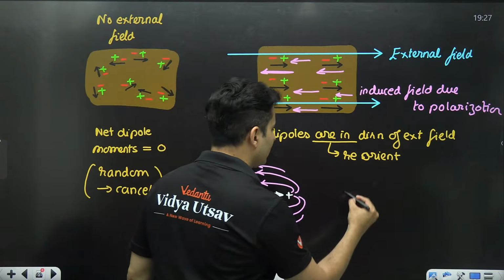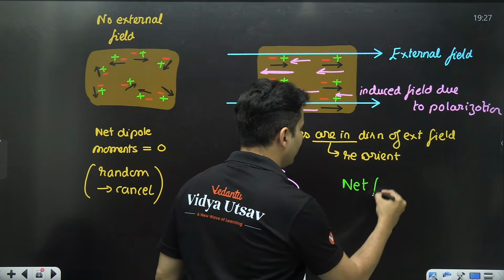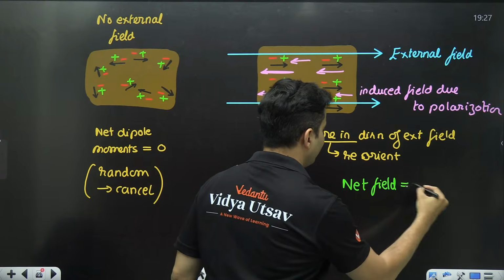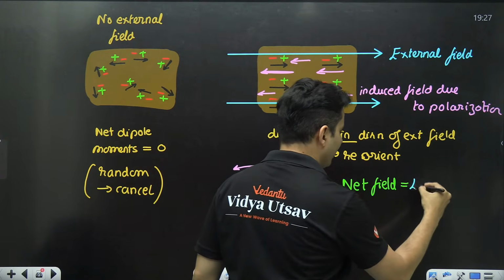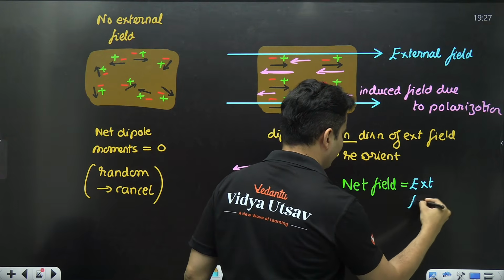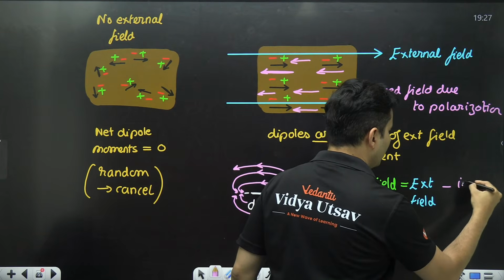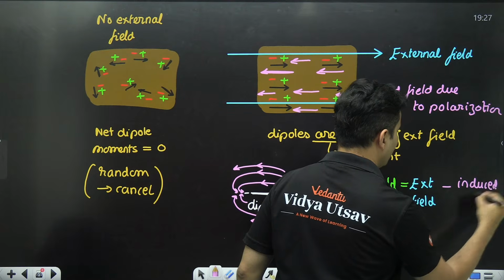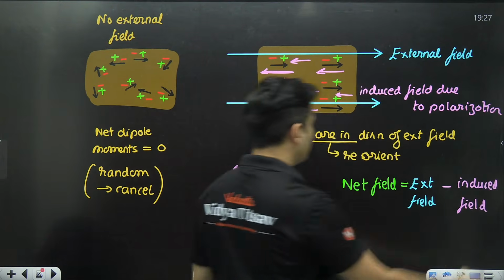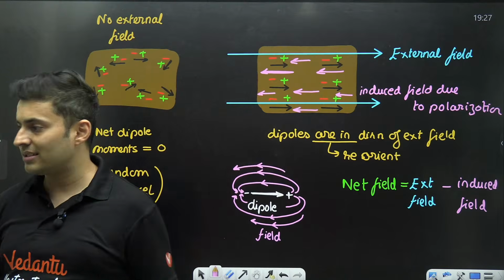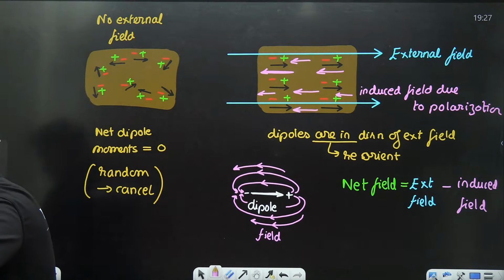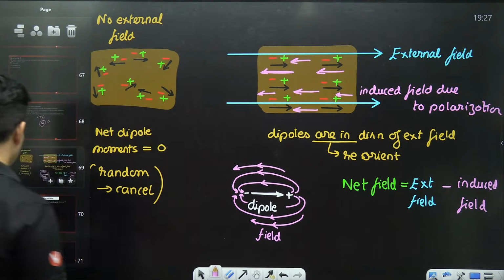That is why the net electric field will be your external field minus the induced field. So that is why it is less, and that is why the force also reduces k number of times. Is that okay? Everyone? Pakka? Clear about this? All right.